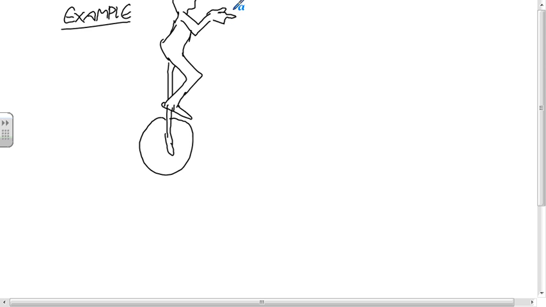And he's holding a small ball. And he's moving this direction with a speed of 5 meters per second. This ball that he's holding is a distance, apparently he's very short on a very small unicycle, and this is 1 meter.